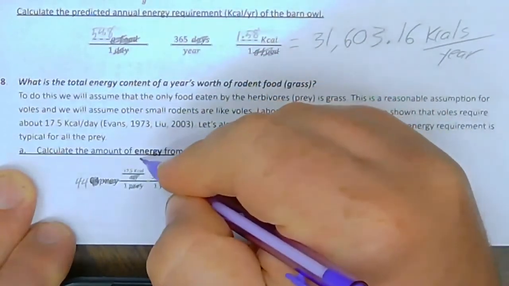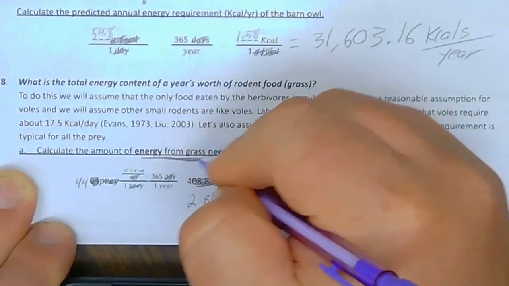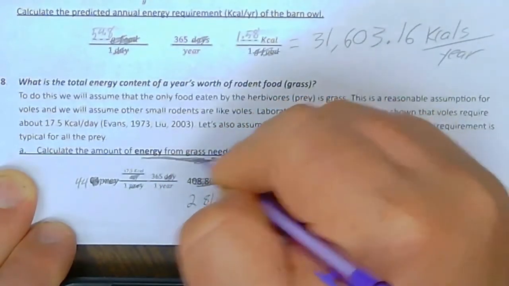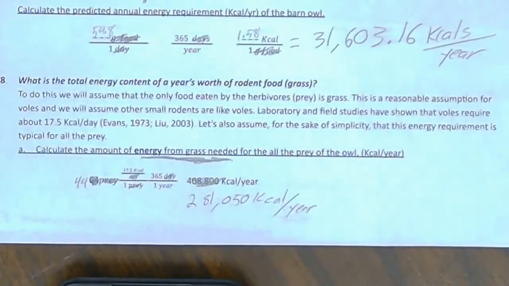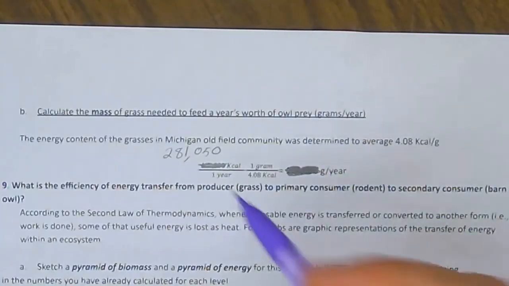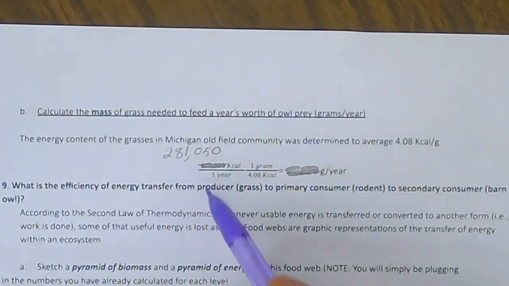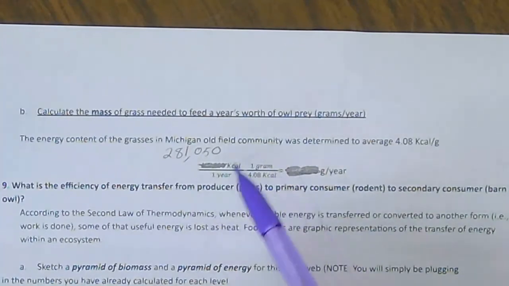Right? That's the energy from the grass needed. Okay? Okay, so we're plugging in our value here, 281,050, right? Over top of their value here.